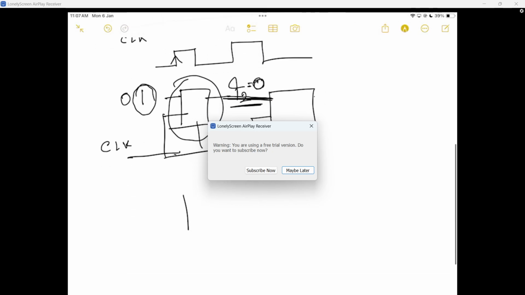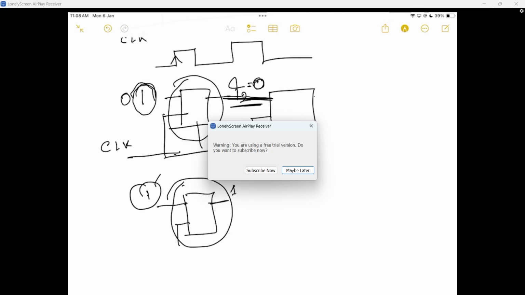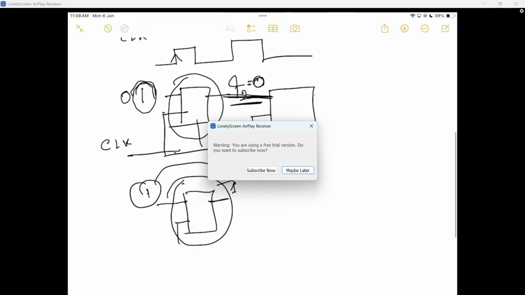In this next cycle, this one goes here, because we trigger the clock and this D flip flop will input data 1 that goes to output Q2.